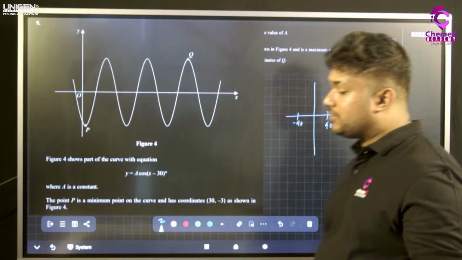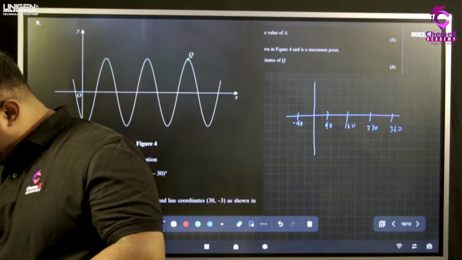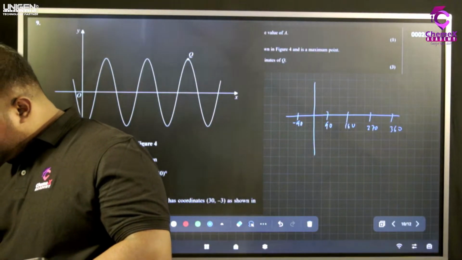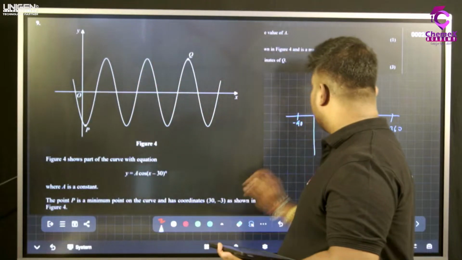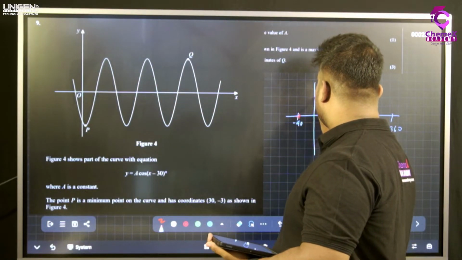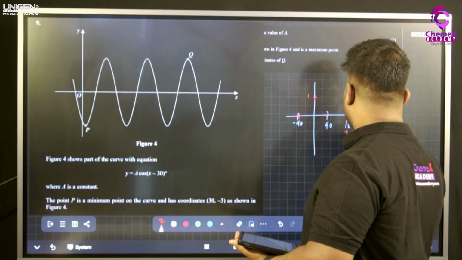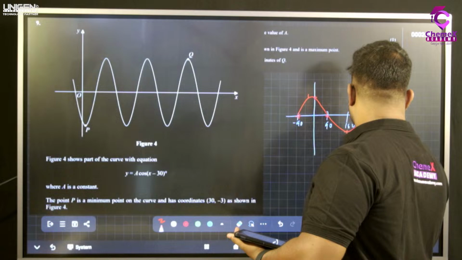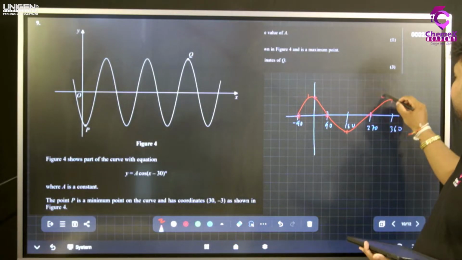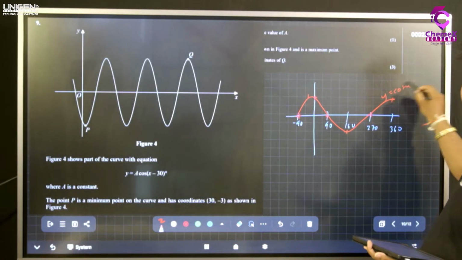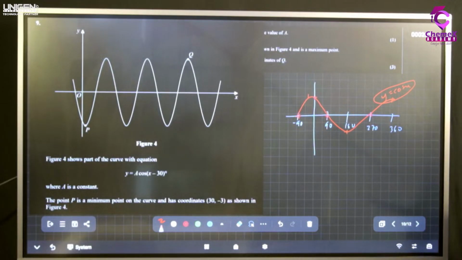Can someone say what is cos -90? Type in your chat. Zero. Next, cos 0. One. So the graph goes like this.